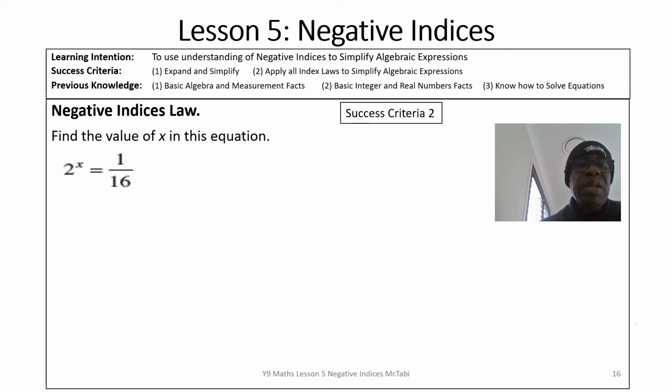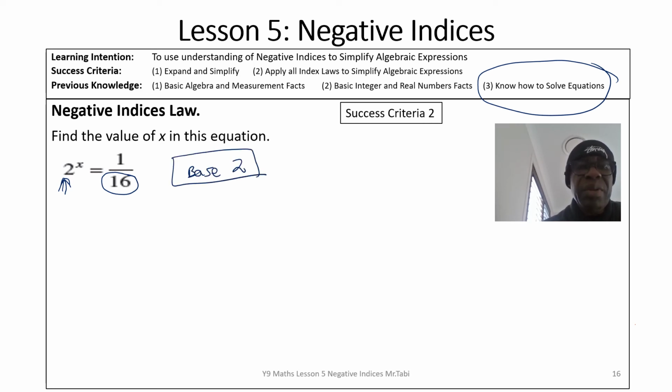Right. So 2 to the power of x equals 1 over 16. Now we apply our knowledge of how to solve equations also to help us do this. One thing you'll notice is that 16 can be written in terms of 2. So that's the initial strategy, so that the bases are the same. We want base 2 in this problem.